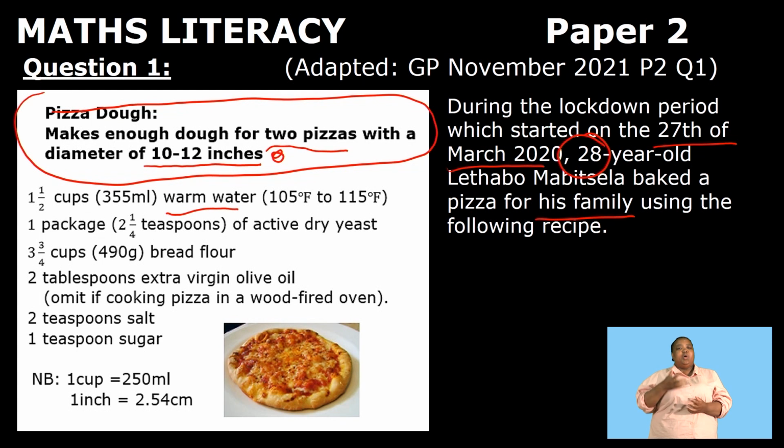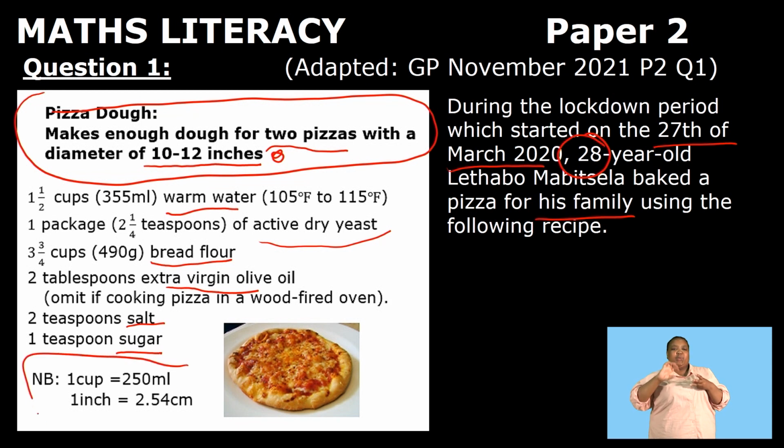Remember, if we need to do such a conversion, the conversion factor will be given. Now, in the pizza dough, we've got warm water, active dry yeast, bread flour, virgin oil, salt, and sugar. And then they give us some conversions where they say 1 cup is 250 milliliters and an inch is 2,54 centimeters.